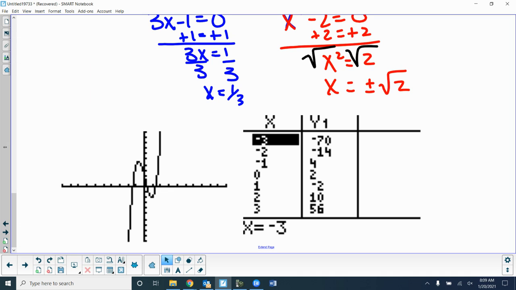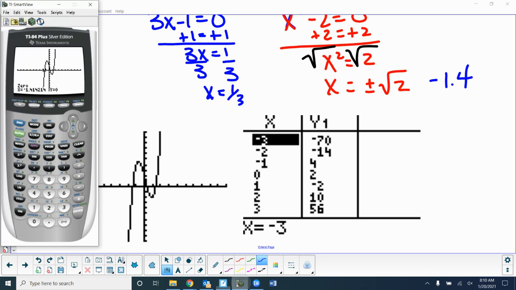Okay, if I go to find this one, I start over, second, trace, number 2, and then I'm going to move over this way. Now left of it is going to be above it.